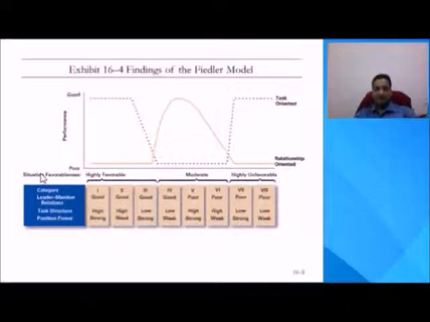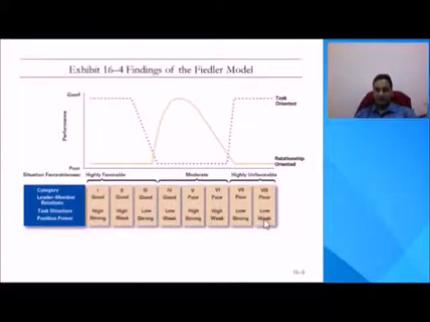When does the situation become highly favorable? When the leader member relationships are high, the task structure is high, and the position power of the leader is strong. At the other end is a very unfavorable situation where the leader member relationship is very low, the task structure is also low, and the position power of the leader is very weak.